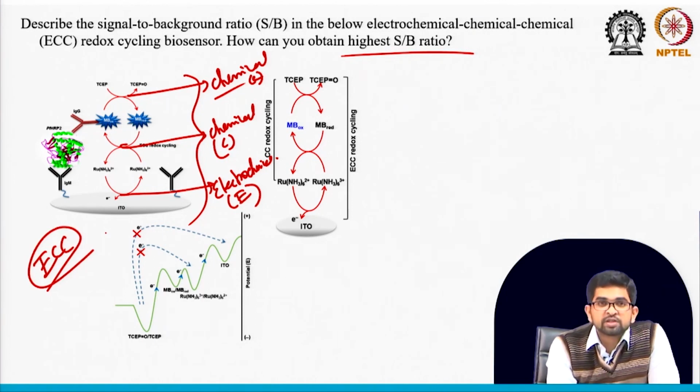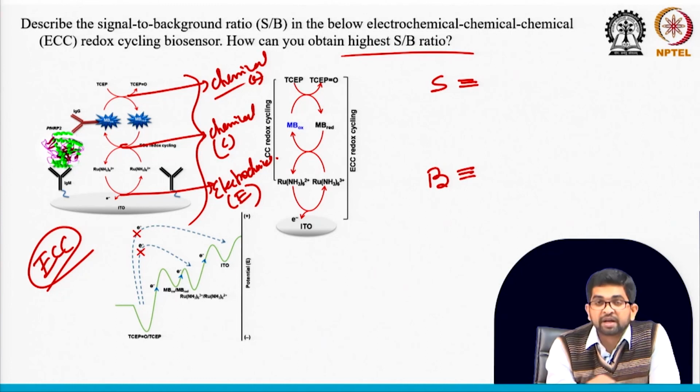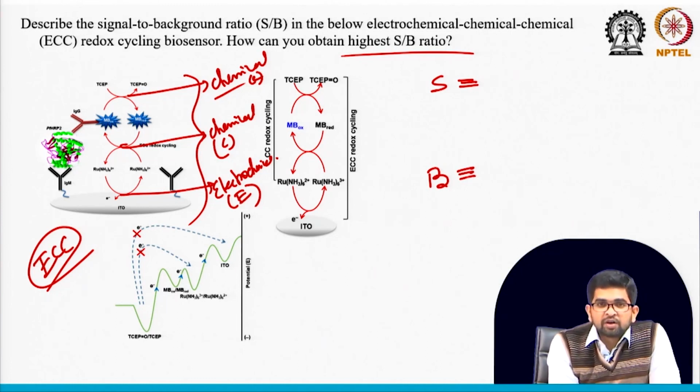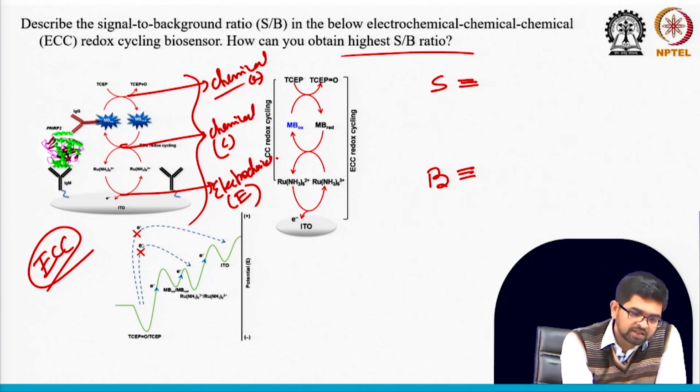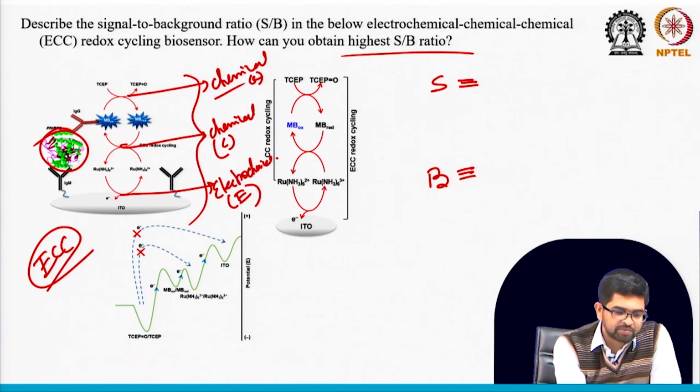But for the signal to background ratio, you have to find out which is signal and which is background. I already taught you in the class that signal means in the presence of the target. Here the target is your PfHRP2, the malaria target antigen.